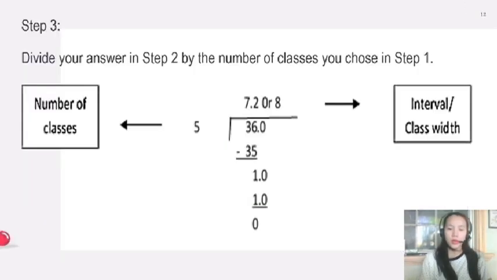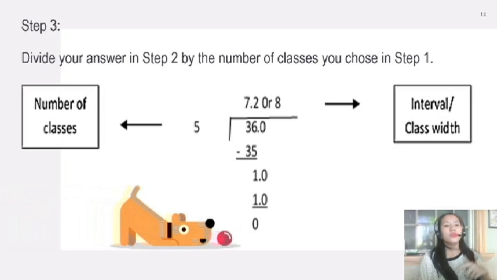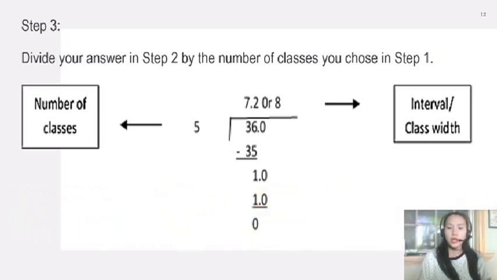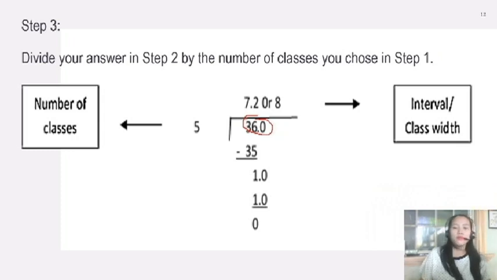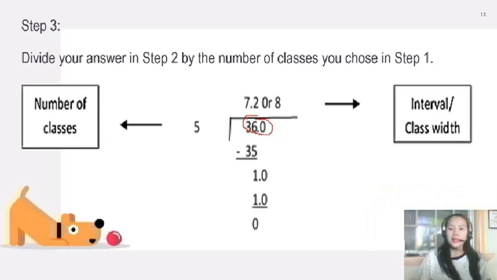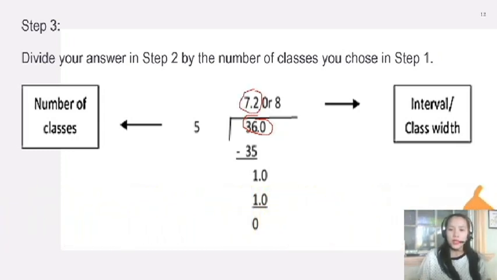36. Okay, so in step number 3, we are now going to use what we have from step 1 and step 2. Here we have the number 36. We got that from step number 2. We divide it by 5, the number of classes that we have chosen. So we got 7.2. Now, you round it up again.